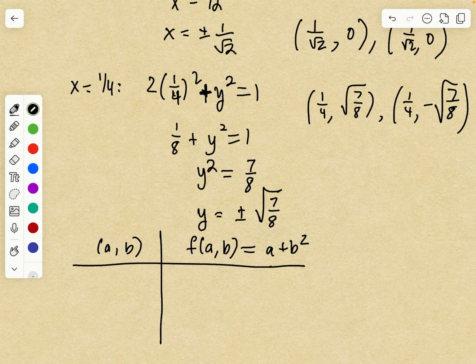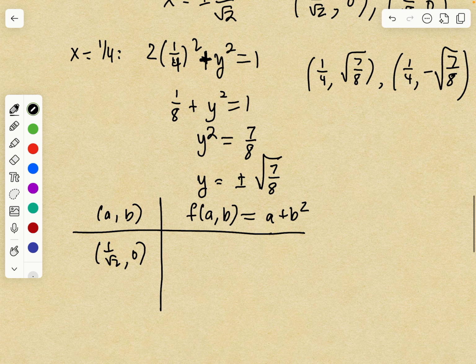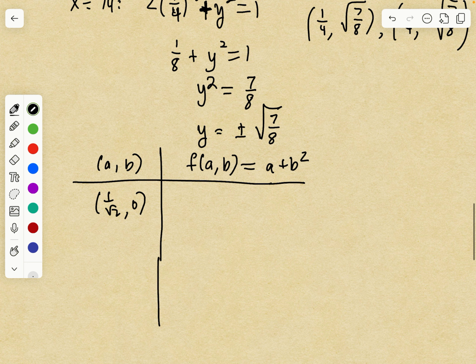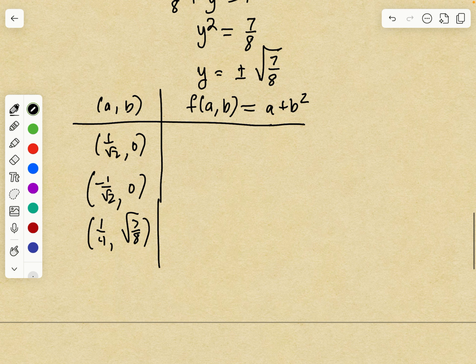It's just that we use AB for constants, and think of XY as variables. Anyway, so 1 over root 2, 0. Negative 1 over root 2, 0. One fourth, square root of 7 over 8. 1/4, negative square root of 7 over 8.